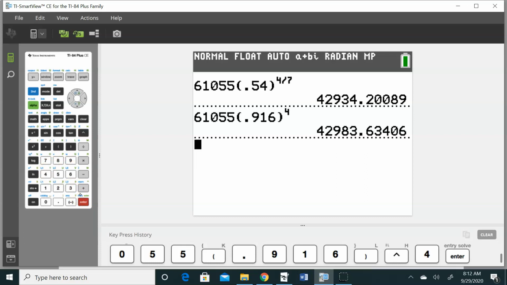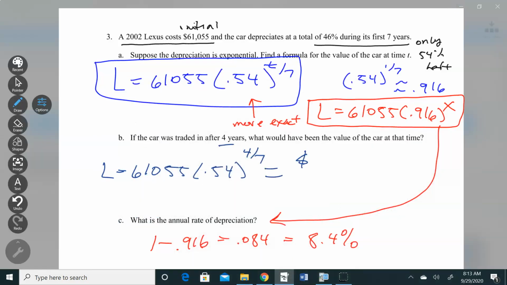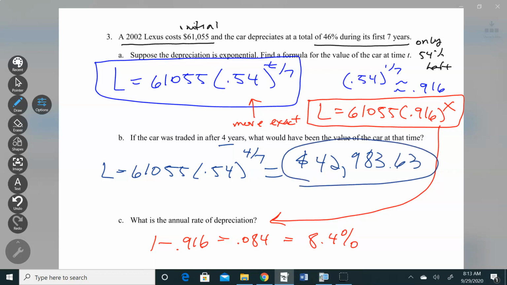It seems like it's quite different, but that 0.916 is rounded. It actually was a little bit bigger than the other number, so there's a little bit less decay going on. So I get 42,983.63. That's the value after 4 years.